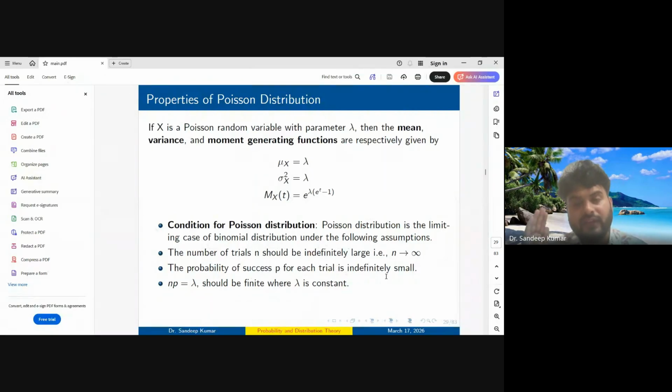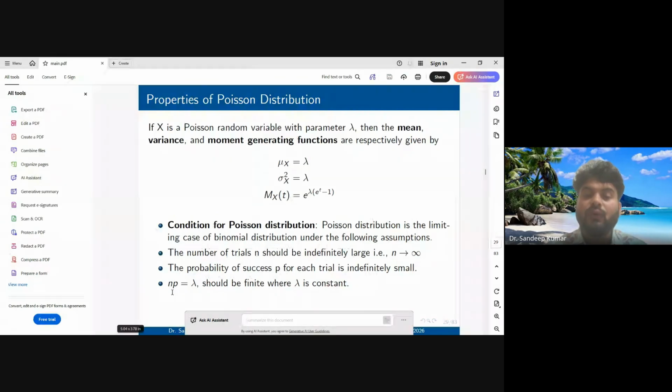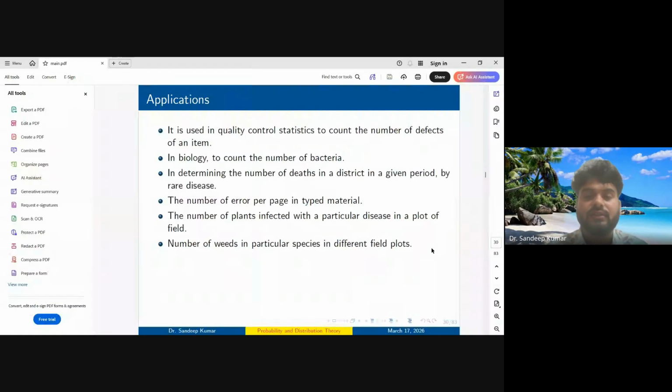The sample size is very large and the probability of success is very small. So np equal to lambda should be finite, where lambda is a constant, the rate parameter of the Poisson distribution.